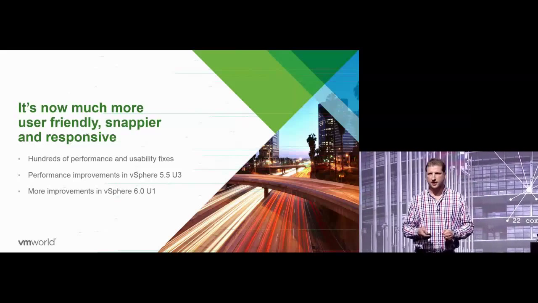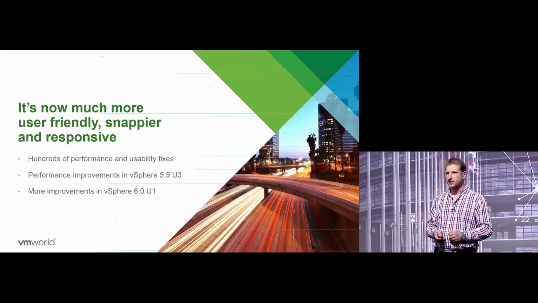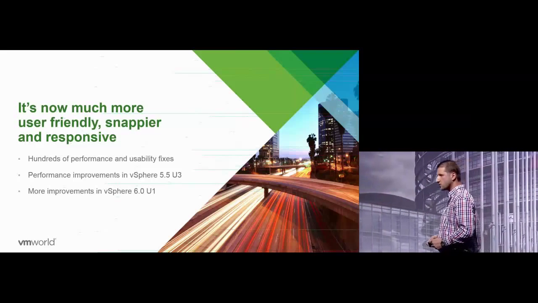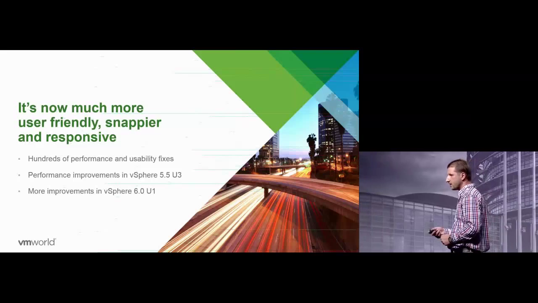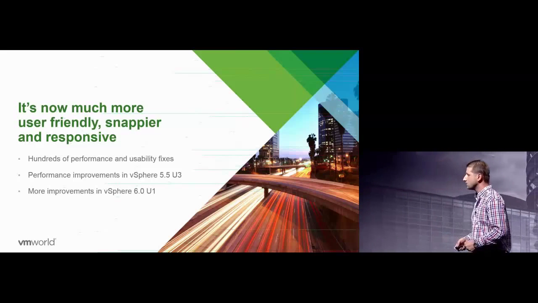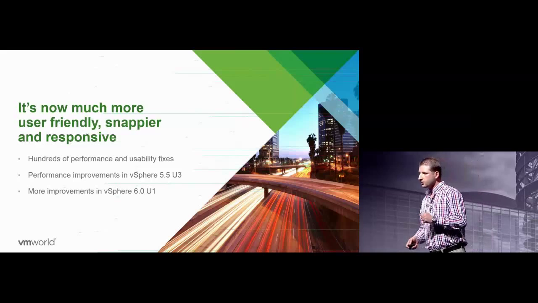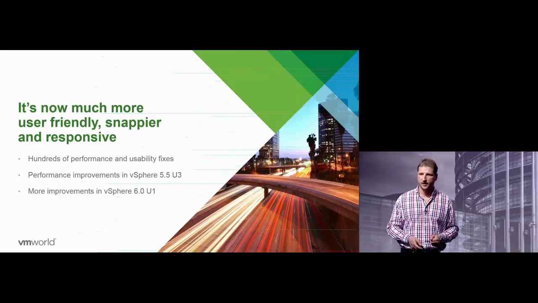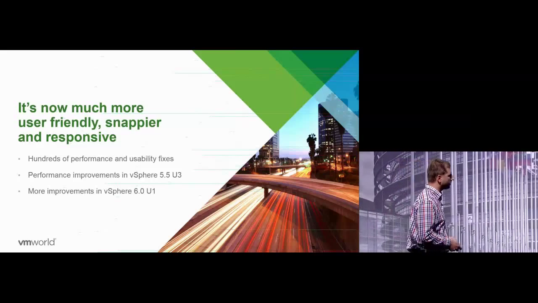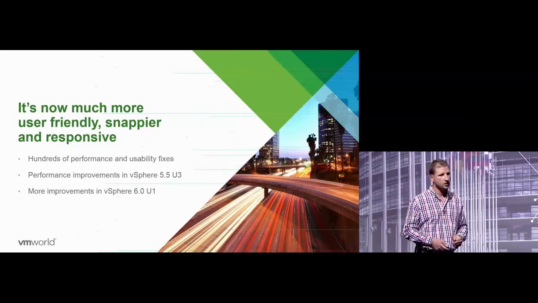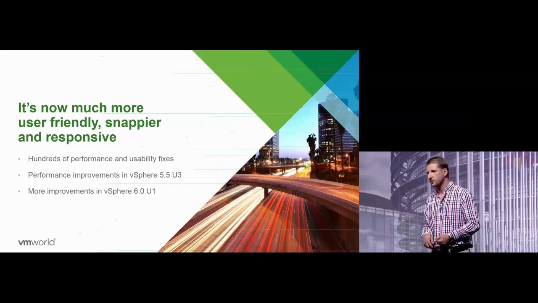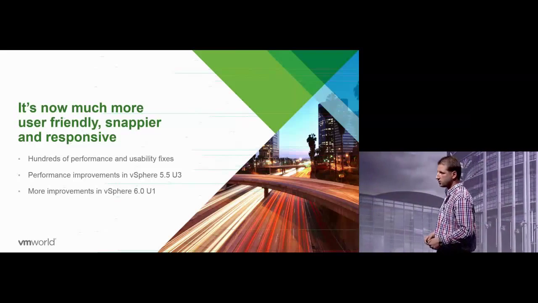And since like 75% of you are running vSphere 5.5, if you don't plan to upgrade to 6.0 or Update 1 in the near future, which I strongly advise you to do, you can pick up those performance improvements in vSphere 5.5 Update 3 that we have just released last week, I think. Yeah, last week. So it's available. And like 95% of those performance improvements are backported to the previous version, so you can take advantage of it.